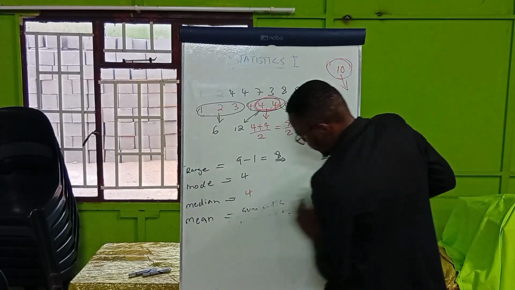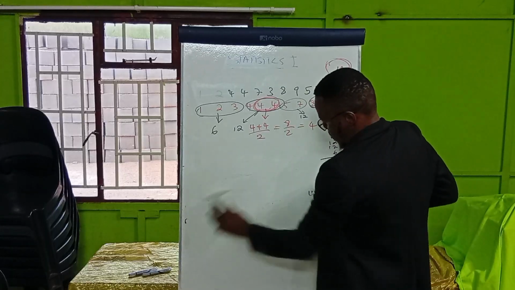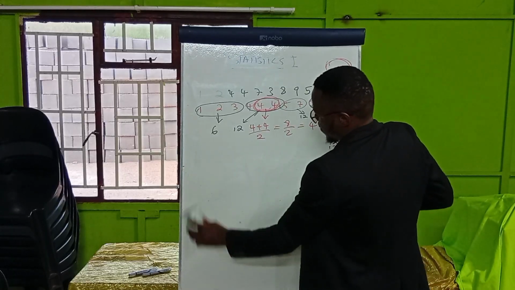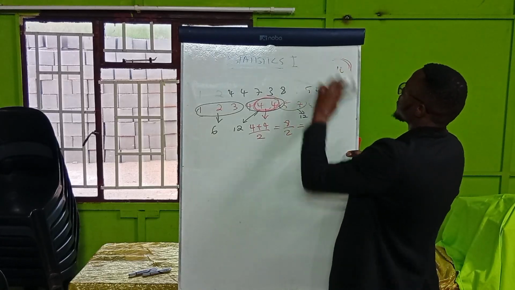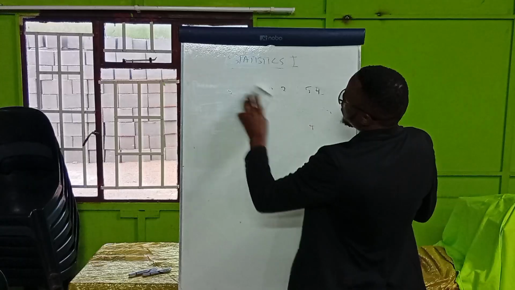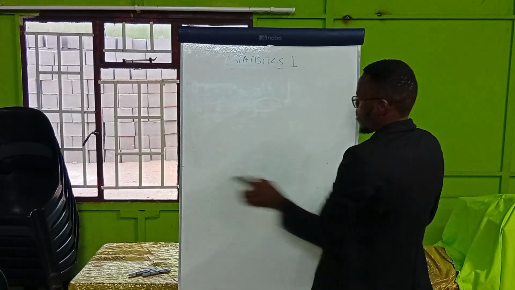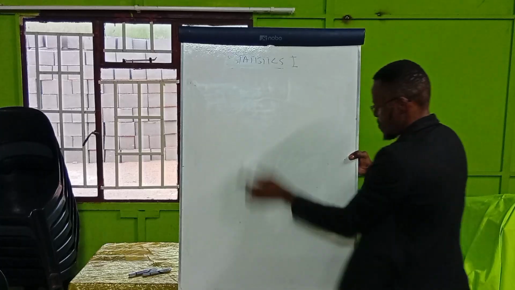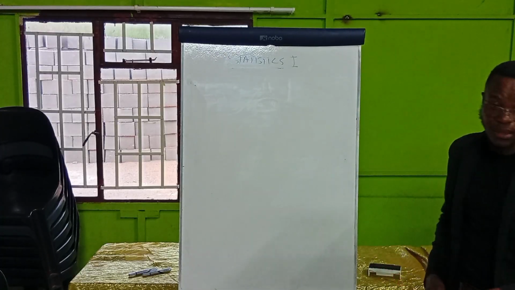Now, let's look at grouped or table frequencies. Frequency table. There are 2 ways in which grouped data can be presented. I also want to introduce what we call tally marks.